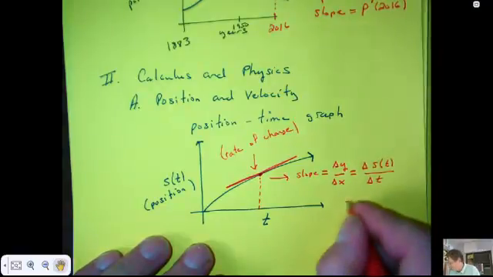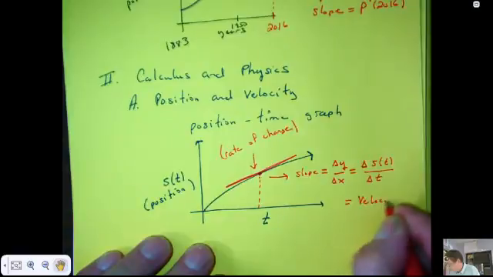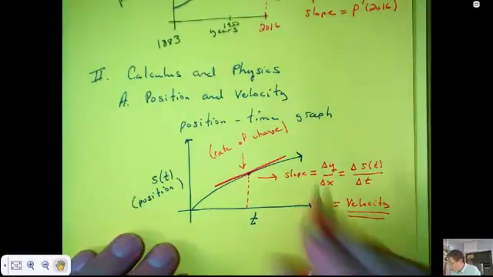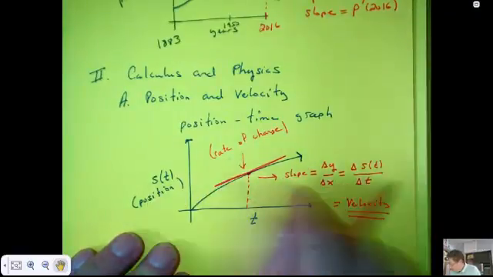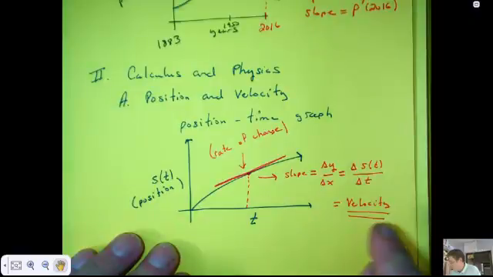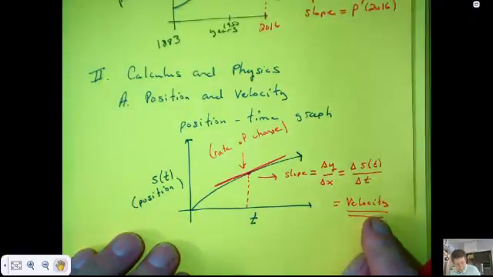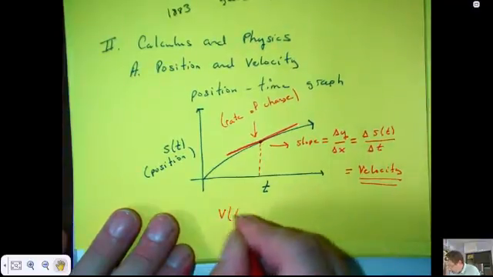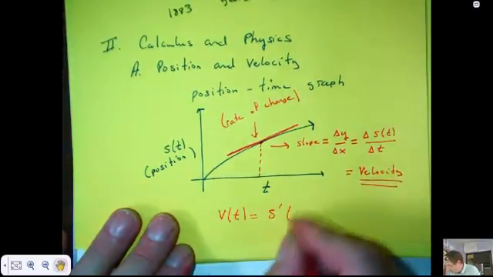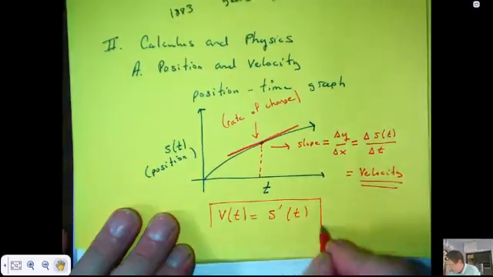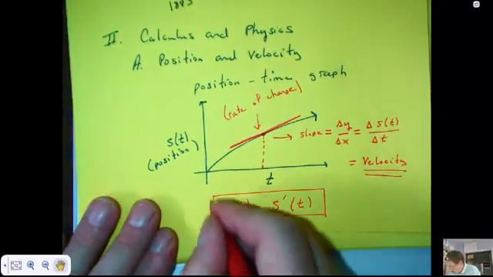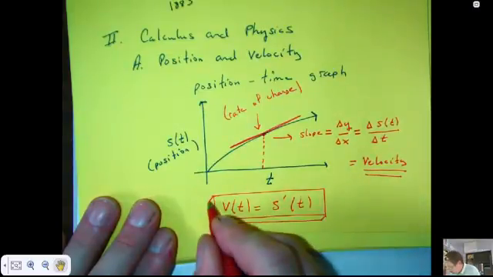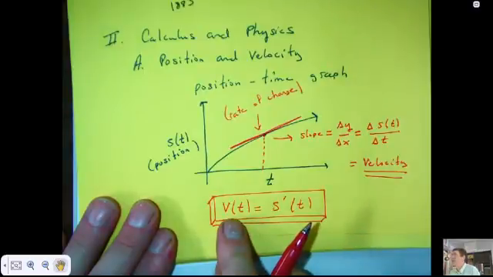So the slope of position is equal to velocity, which simply means the velocity function can be found by taking the derivative of the position function. Put a big box around that. It's a very important thing to remember: if I want to find a velocity function, I take the derivative of the position function.